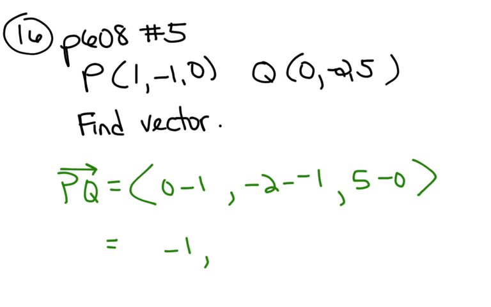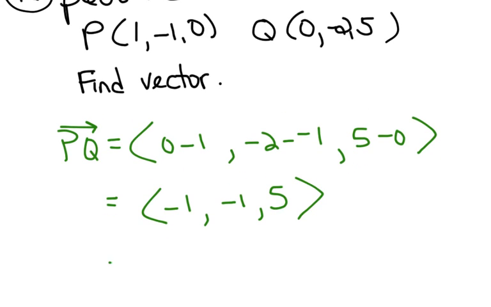So it's negative 1, negative 1, 5. If you want to write that in IJK form, you would write negative I minus J plus 5K. I don't care which form you write it in unless I specify on the test which one to give me.